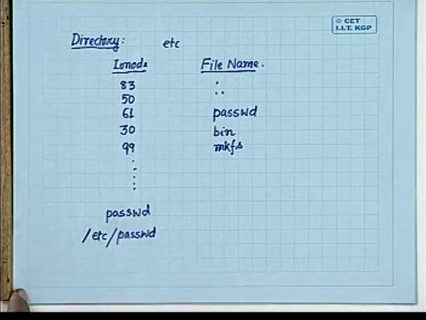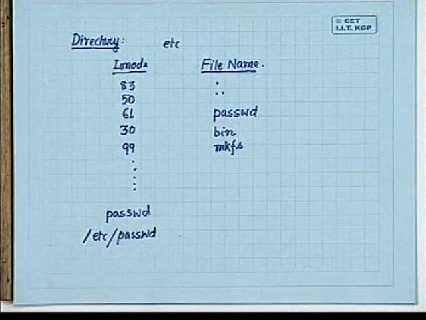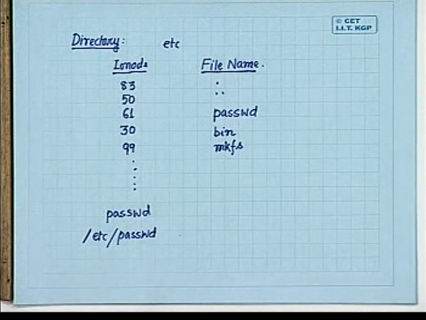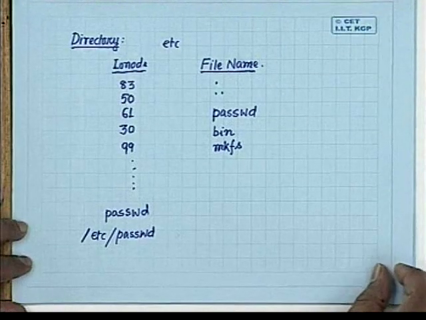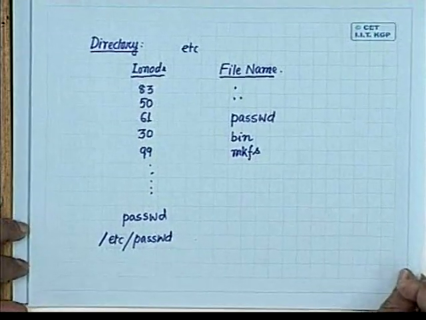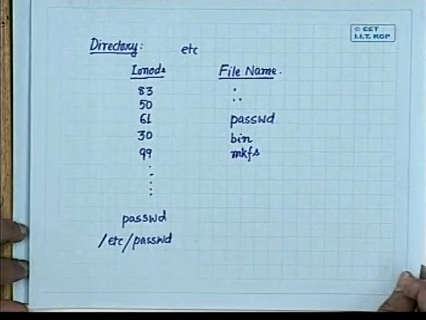Whichever way I specify the file, I have to find out the inode number of the corresponding file or the corresponding directory which we are interested in. So there should be an algorithm which converts the path name or the file name to the corresponding inode number.